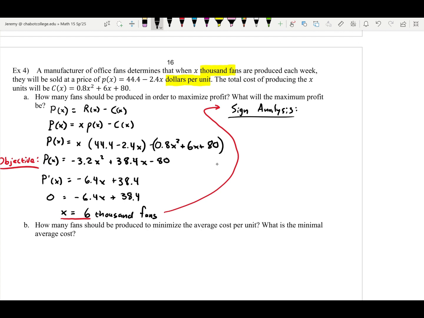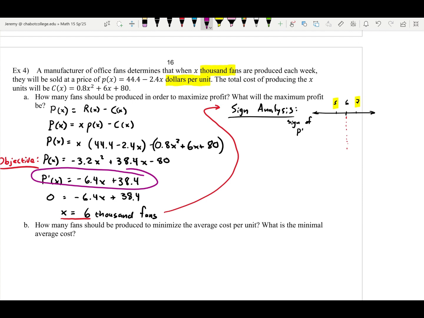And we just have that one value to test, so I'll do a little number line here. Critical number is 6, so I might use 5 and 7 as my test values. And I'll be plugging into the derivative p prime, so we can see what is the sign of p prime. All right, so we'll be plugging into this function here.